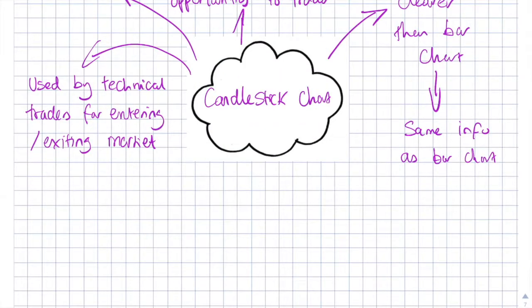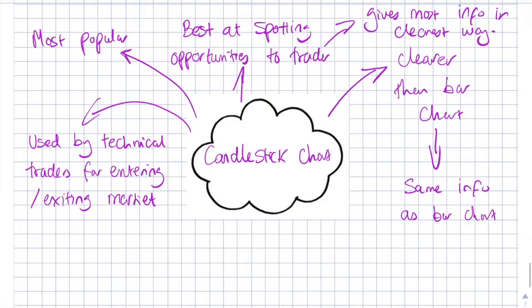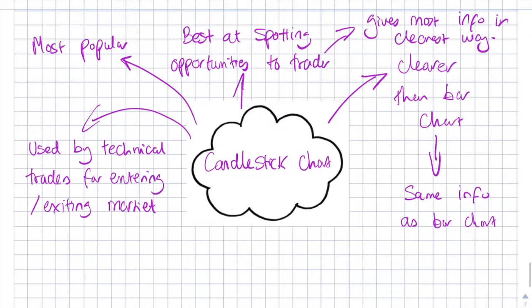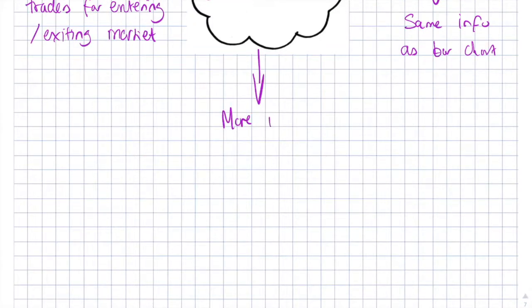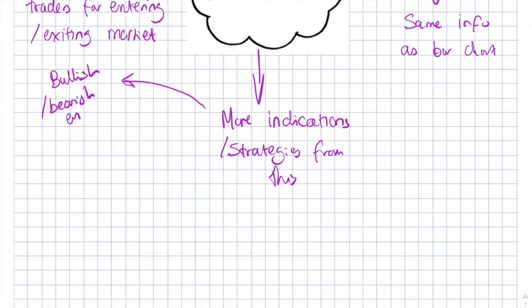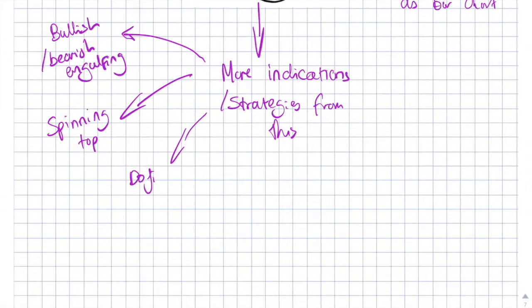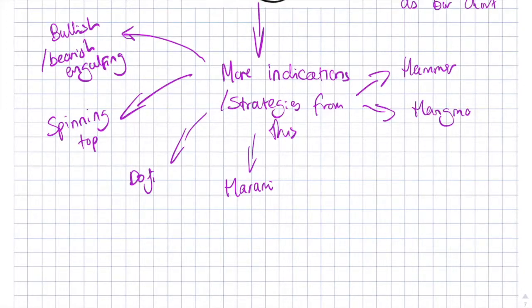And lastly, it gives numerous indications and patterns, and I'm going to name some of them. There are the bullish and bearish engulfing, which we explained, the spinning top, which we explained, and then there are the doji patterns, the harami, the three white soldiers, hangman, hammer. There's loads.